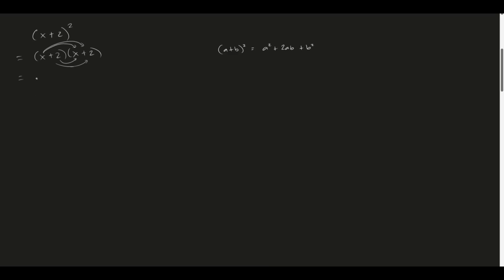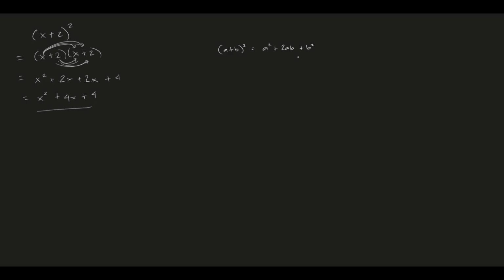So it becomes x squared, plus x times 2 is 2x, plus 2x here, plus 2 times 2 is 4. Combining terms, we have x squared plus 4x plus 4.